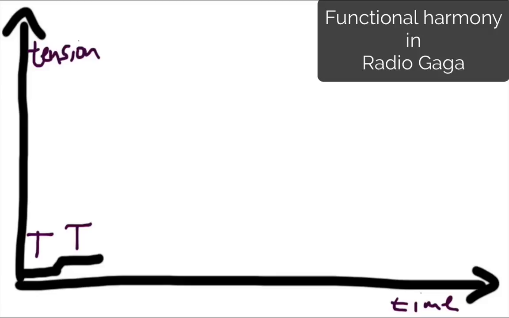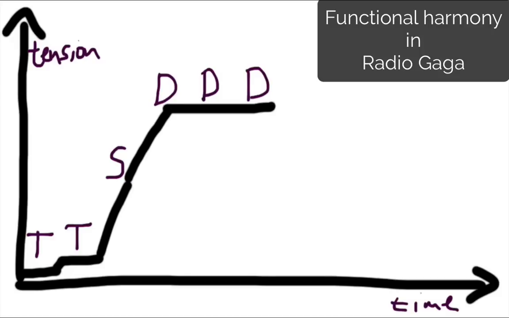Next, we move to the subdominant function, adding more tension. Now we see a dominant function to add a lot of tension. The song then stays on the dominant function for several chords.